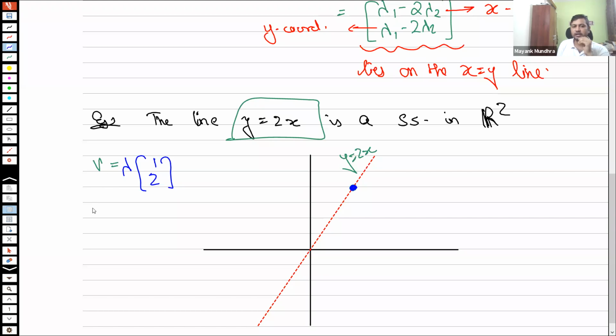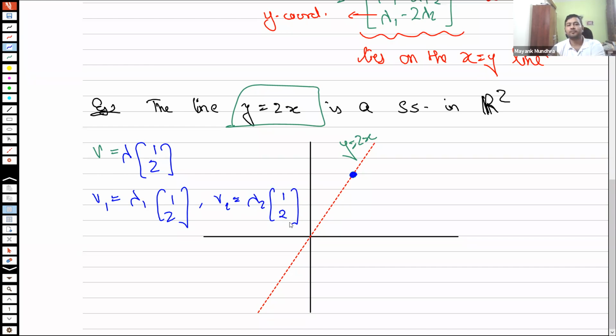So if I take two vectors, v1 equals lambda 1 times (1, 2), and v2 equals lambda 2 times (1, 2). Alternatively, any point will be of the format x comma 2x, because y equals 2x.